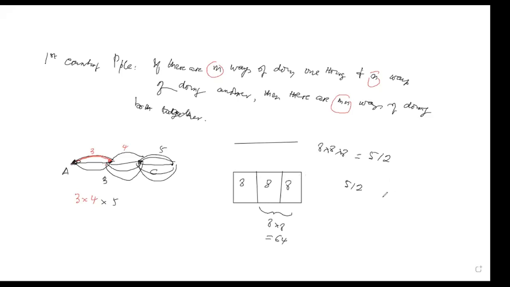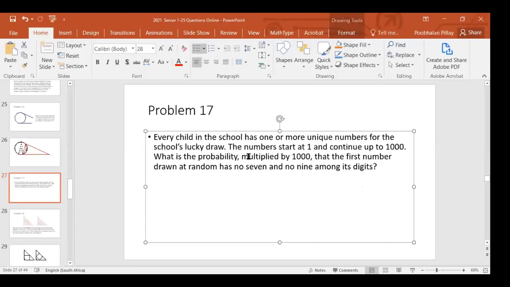So altogether, you got 512 out of 1,000. So they say, what is the probability multiplied by 1,000 that the first number drawn has no 7 and no 9?